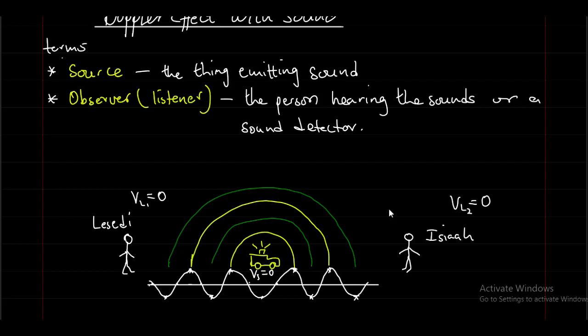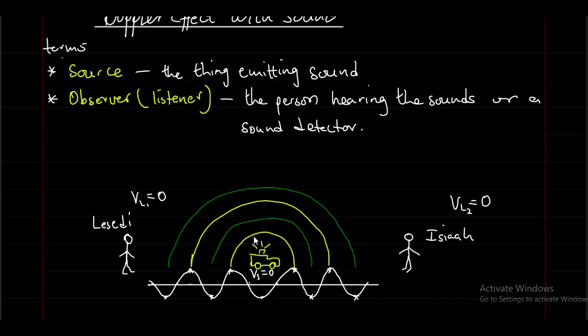Both Lesedi and Isaiah observe the waves emitted by the sound source the same, because they are both stationary, the sound source is also stationary, and they are almost equidistant from the sound source.